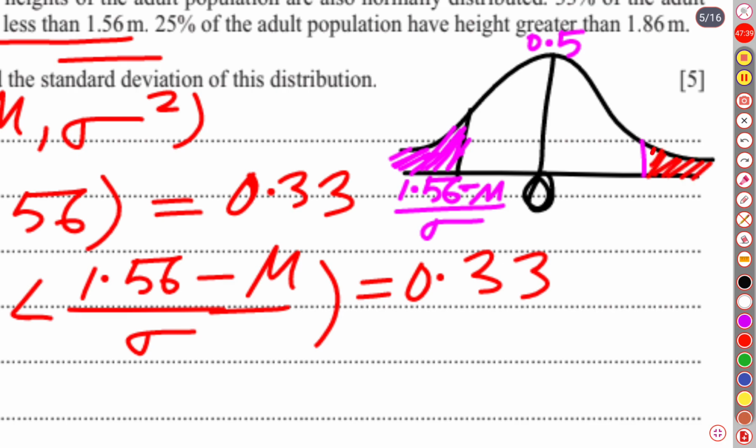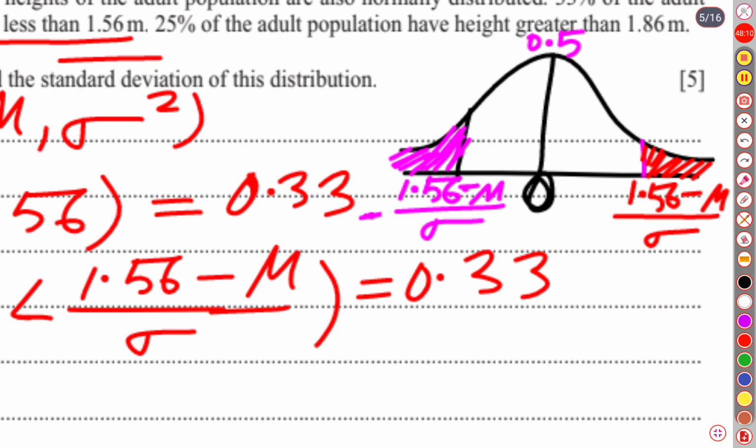Here also our z score is 1.56 minus mu over sigma. The difference between these two is that one is positive, and this one must be negative because it is lying on the left side of the mean line.